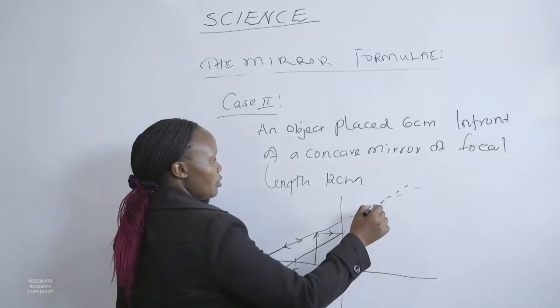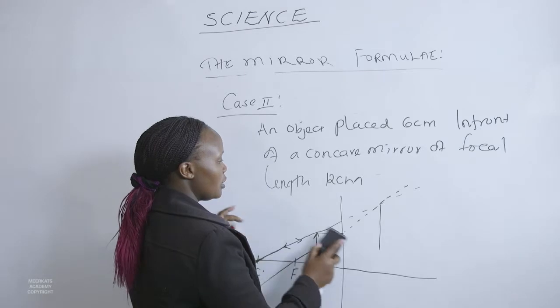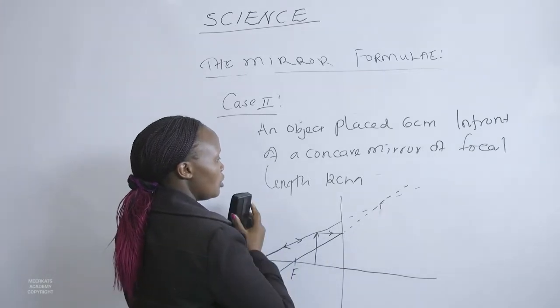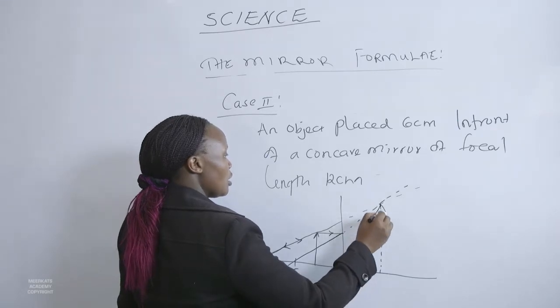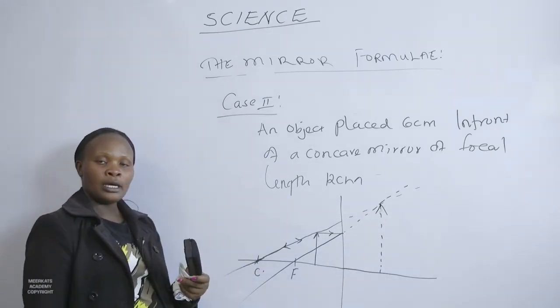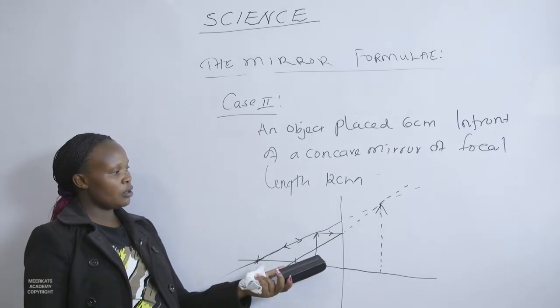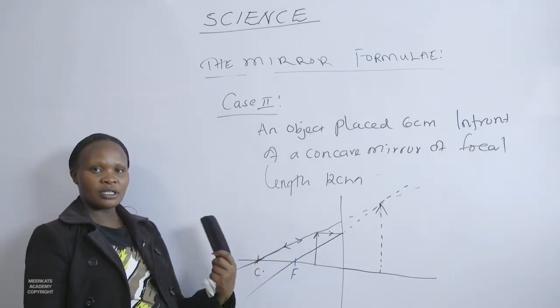Now here we are going to form an image that is actually erect. It's bigger than our object and on the opposite side.